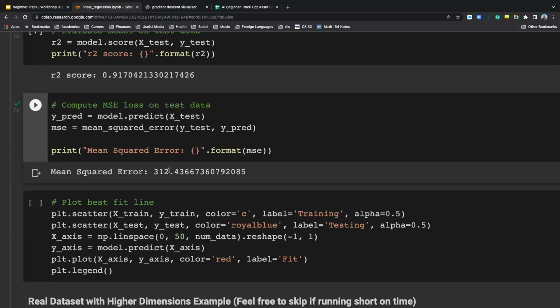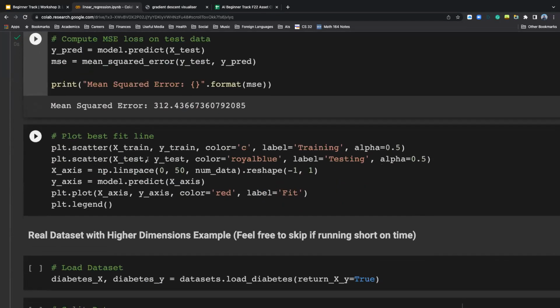This is kind of that average value. We create all of our predictions using our model, and then we plug in our actual results versus the predictions that we made, and we do that mean squared error formula. So far, so good. Any questions about that?